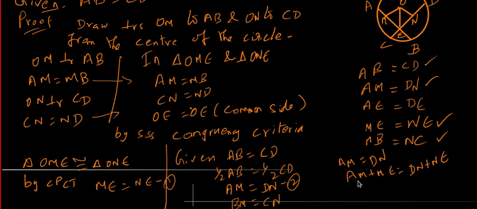AM plus ME is AE, so AE equal to DE. So we are getting this equality. So the corresponding segments of the equal chords are equal has been proved.